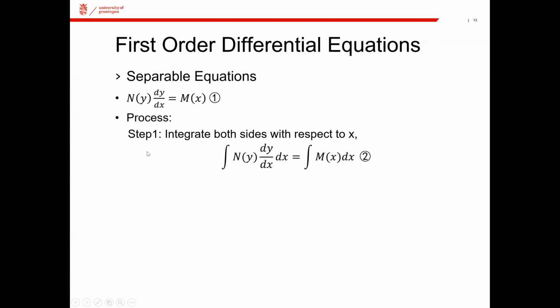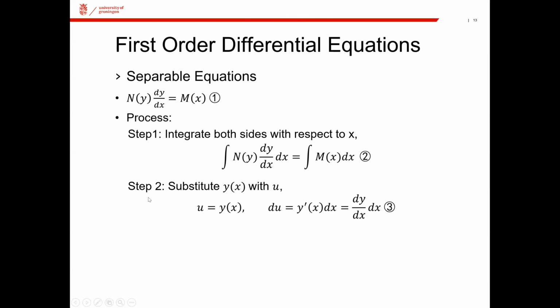And then the first step is to integrate both sides with respect to x. So the second equation here. And the second step is to substitute y with u. So now N(y) will be N(u). And then we calculate the differential of u, and it will be y prime times dx, and it's exactly the same as this term. So we substitute this term with du.